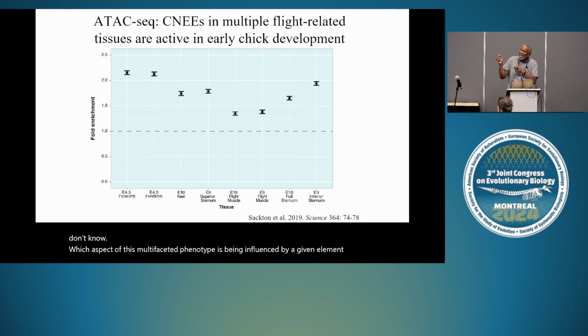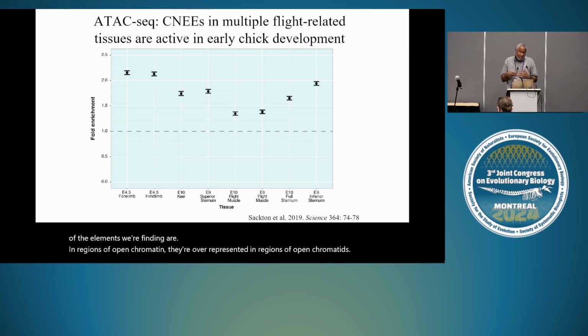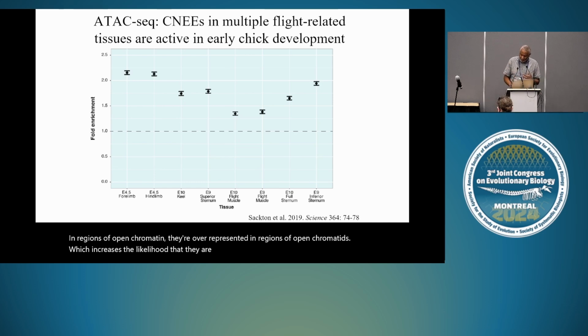When we can look at where that element is in open chromatin in the developing, in this case, chick embryo, we can immediately surmise what part of the phenotype, whether it's the keel, the forelimb, or other parts, might be related to this particular element. And so this shows that most of the elements we're finding are in regions of open chromatin. They're overrepresented in regions of open chromatin, which increases the likelihood that they are genuine enhancers.